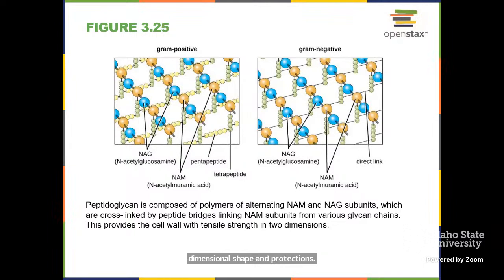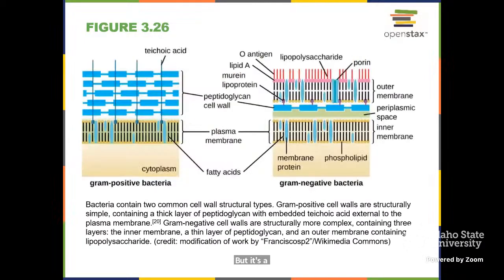It's similar to plants, but plants use different sugars. They use glucoses, linking them together to make celluloses. These are different sugar and protein cross-linkings, but it's a similar idea deep down.